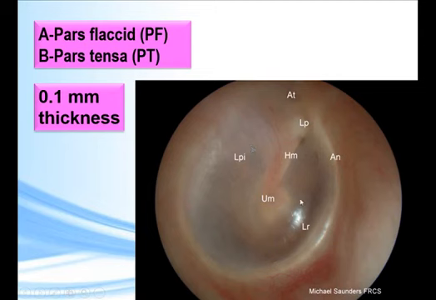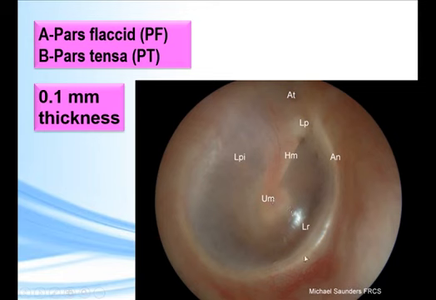Can you see the drum? There is a cone of light in the anteroinferior part. Take care. This is anterior, this is posterior, this is superior, and this is inferior. So this is the right drum. Can you see? This is part of the drum which is called the annular ring. It is the condensed fibrous tissue layer at the periphery of the drum.